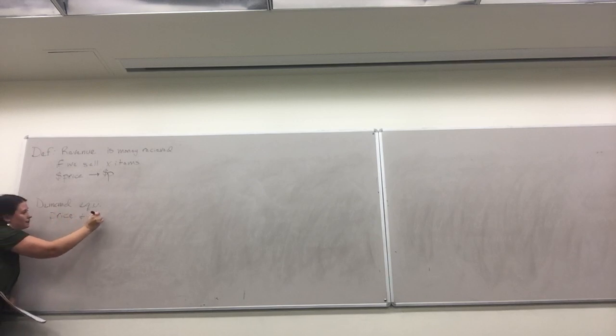So price and quantity give us demand. Once we have that information, we can then take it into revenue, because this is telling us what's being sold.